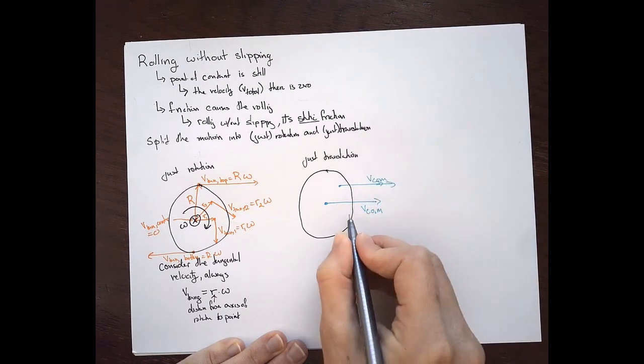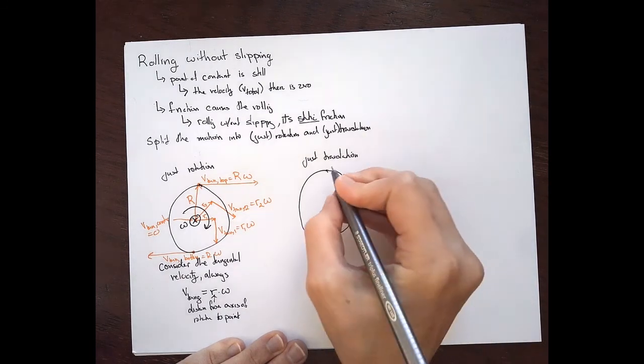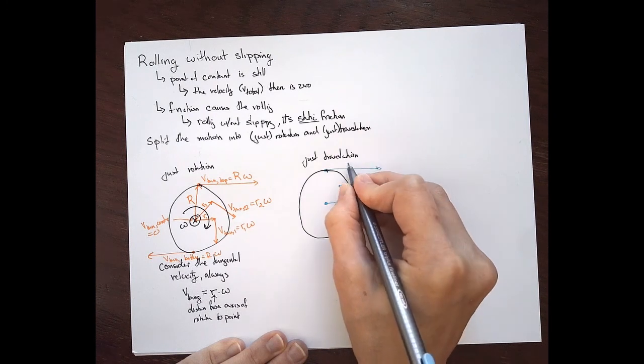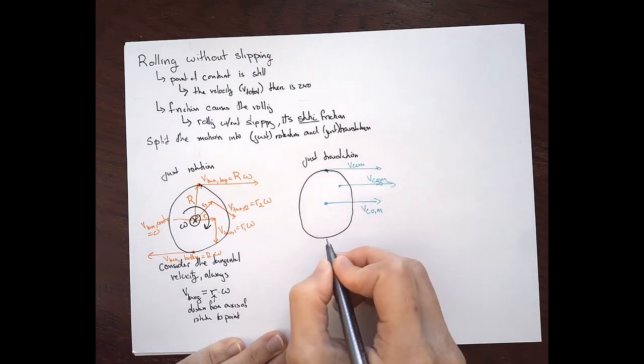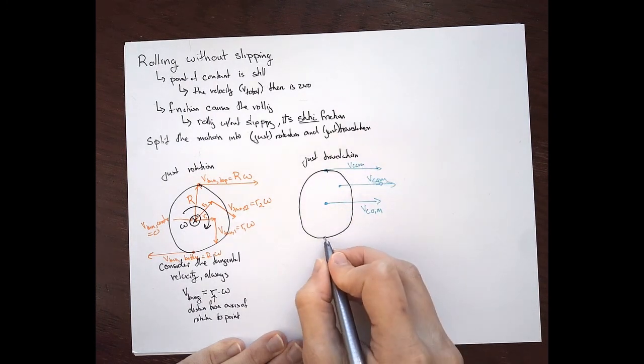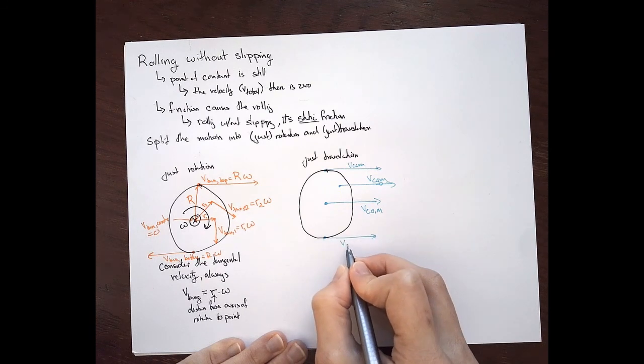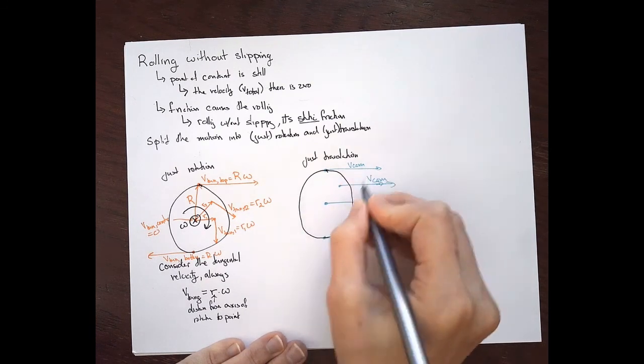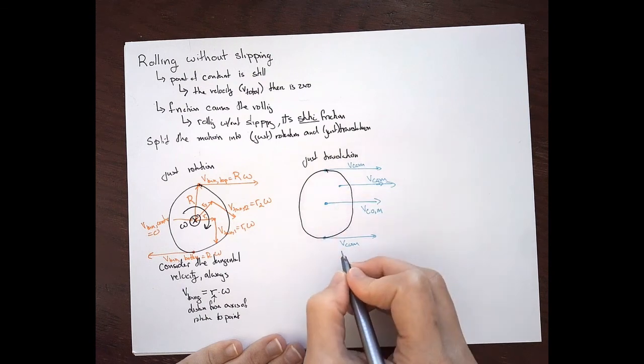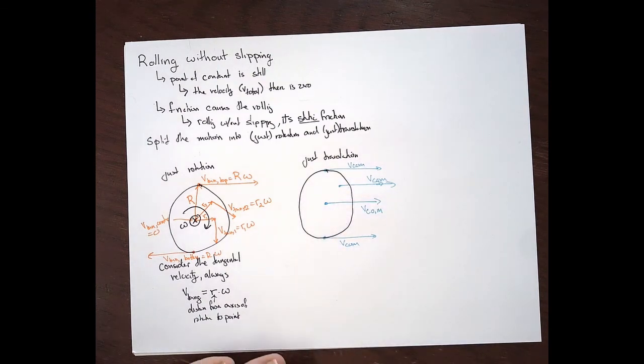It has a center of mass velocity the exact same as this point does, and at the top we have a center of mass velocity that's exactly the same as the one in the middle, and at the bottom we have a center of mass velocity that's the same as all the other ones.